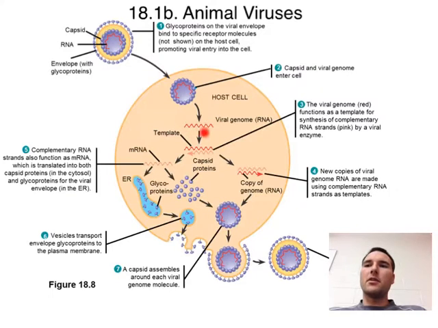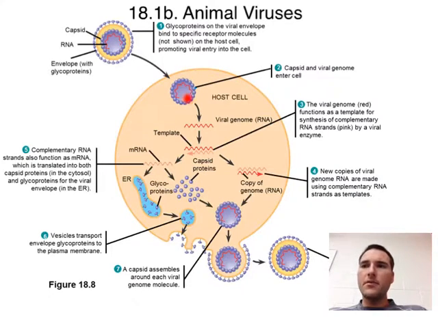Now something that they're not showing here is that inside of this virus, as well as having the single-stranded RNA, it's going to have some sort of enzyme whose job is to take the viral genome, the RNA, and basically use it to make messenger RNA copies of itself. We're going to see this when we look at the HIV virus on the next slide as well.